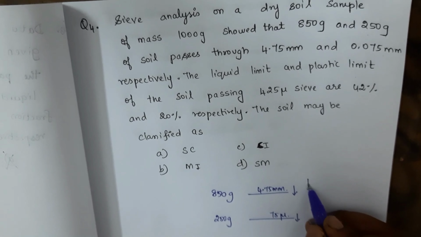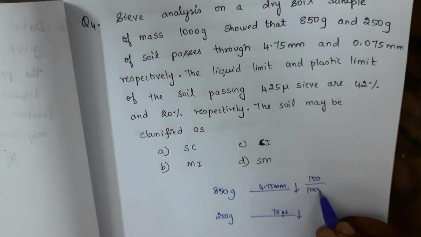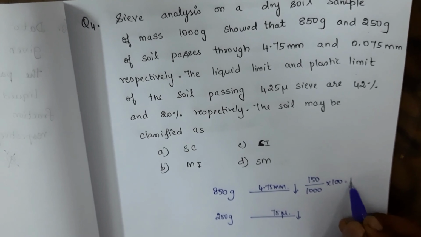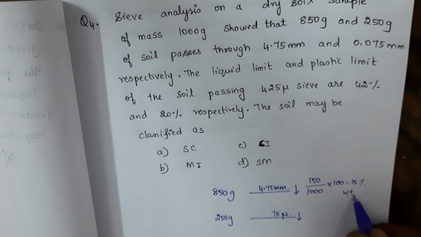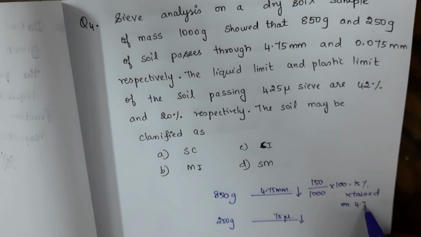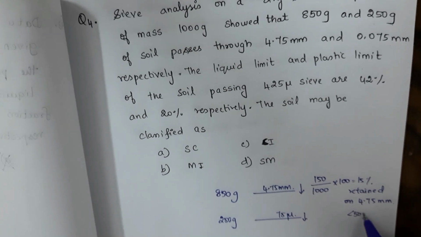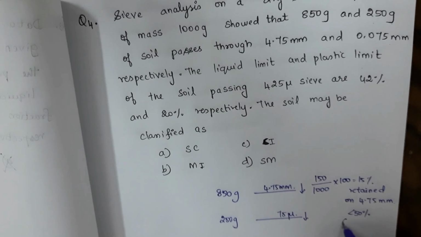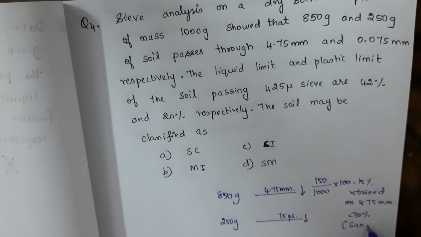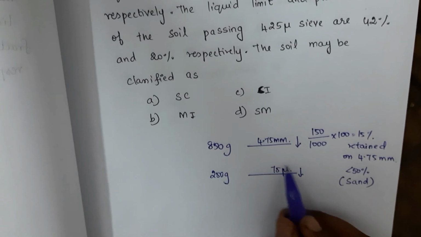So the remaining or retained percent is 150 out of 1000 into 100, that is 15% has retained on 4.75 mm sieve. So it is less than 50%, thus it can be said as sand. The next one is 75 micron sieve.